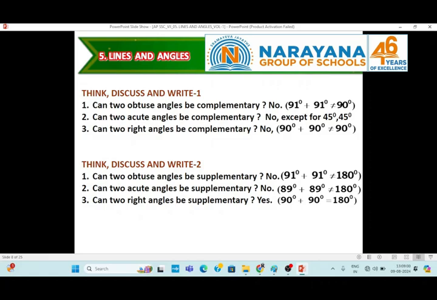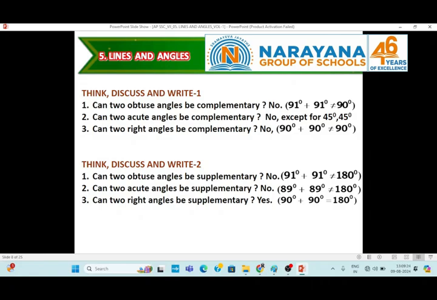Can two acute angles be complementary? What are the acute angles here? For example, 40 and 50. Not only this example, there are many examples that are satisfied.